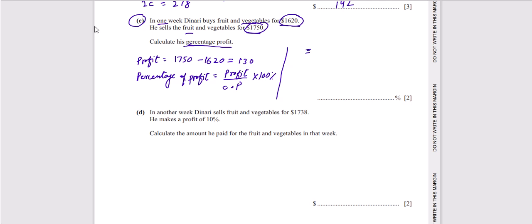Profit is 130 divided by cost price. Cost price is 1620, multiplied by 100%. After simplification, we get 8.02%.